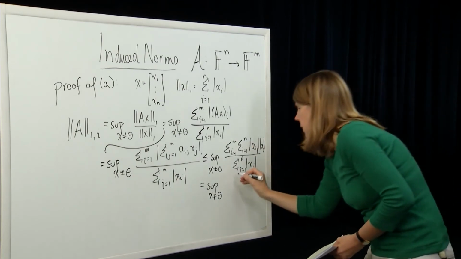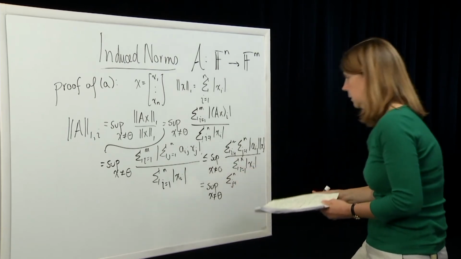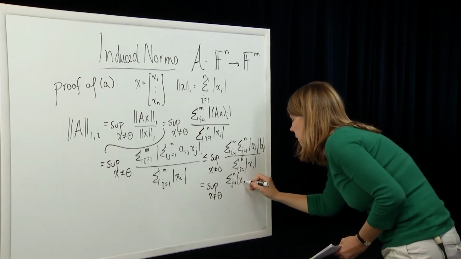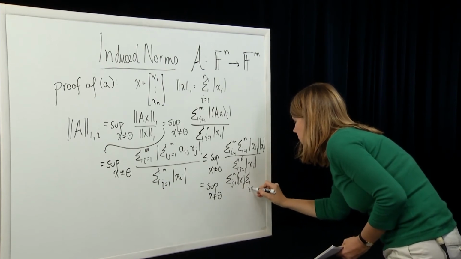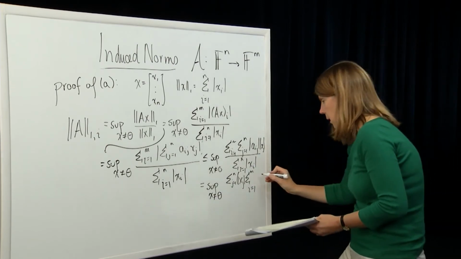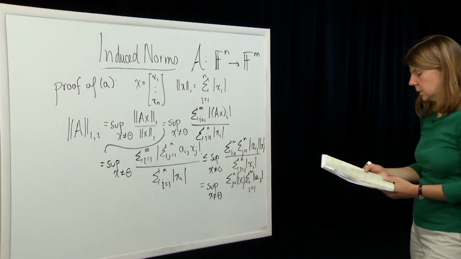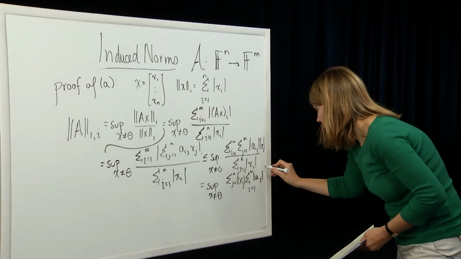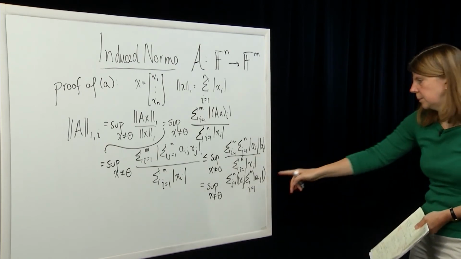So bring the summation in j out, j equals 1 to n, |xj|, summation i equals 1 to m, and here I have the |aij|. Okay, so I've brought that outside the summation sign.